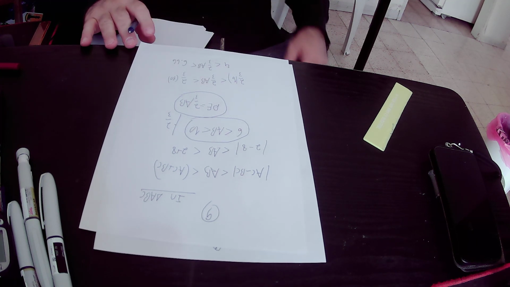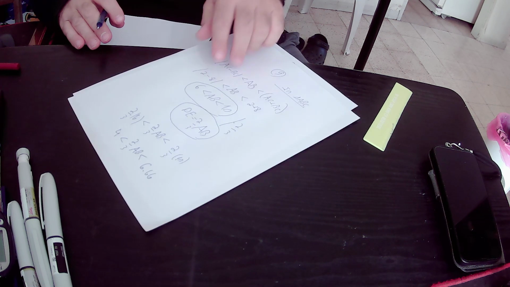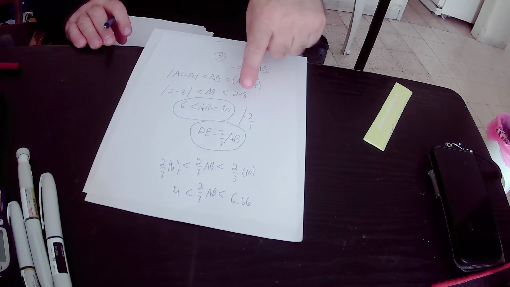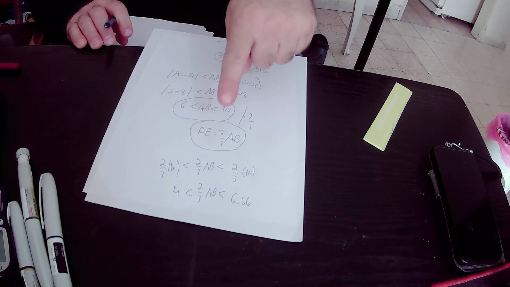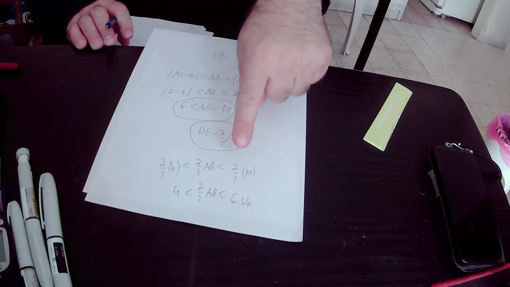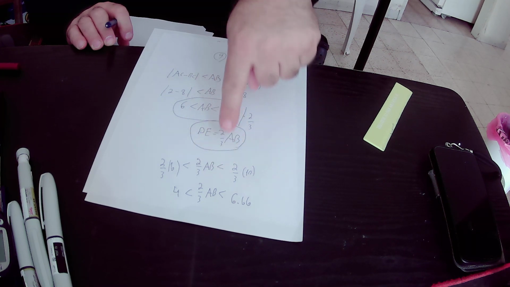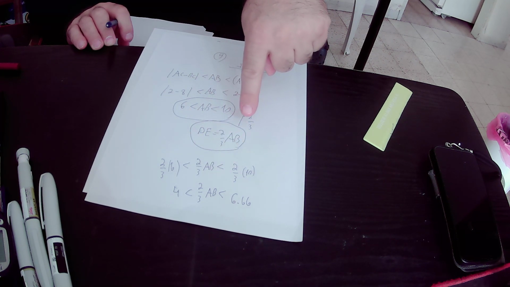And what is 2/3 AB? 2/3 AB is actually equal to DE. So we can substitute 2/3 AB in this formula by DE, because DE equals 2/3 AB.